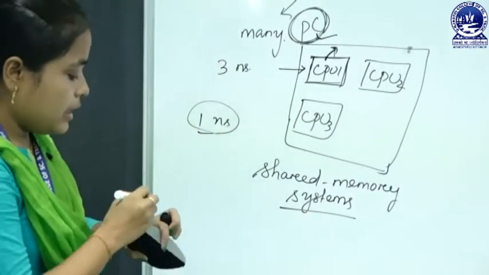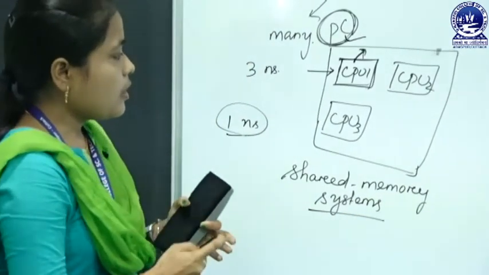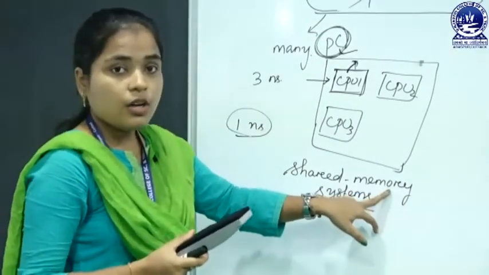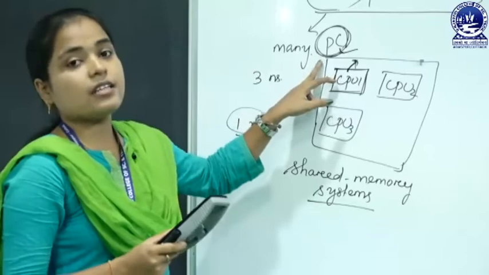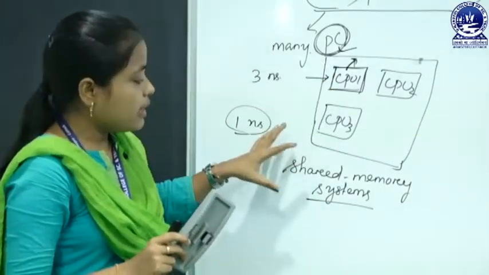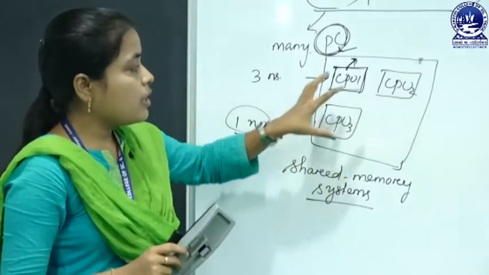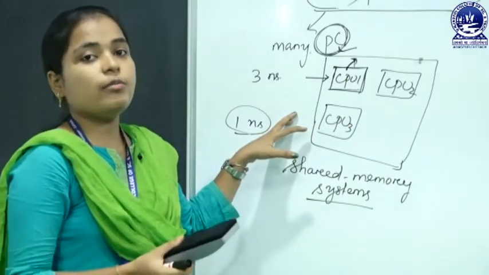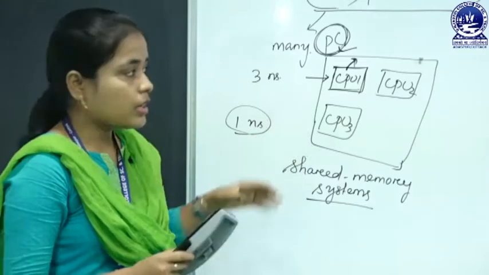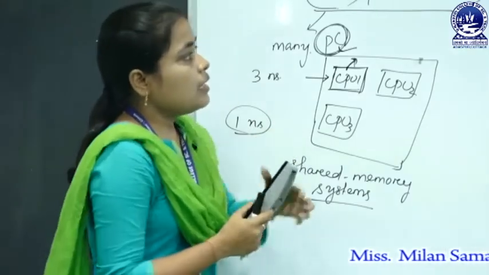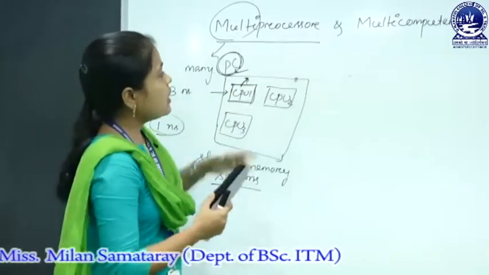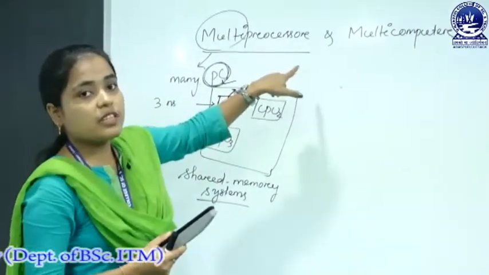What does it mean? It means all the processors share the same memory of that computer system. Okay. By using the shared memory concept, all the processors are connected to each other and they can communicate with each other.